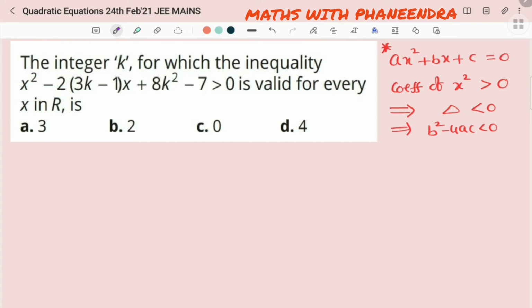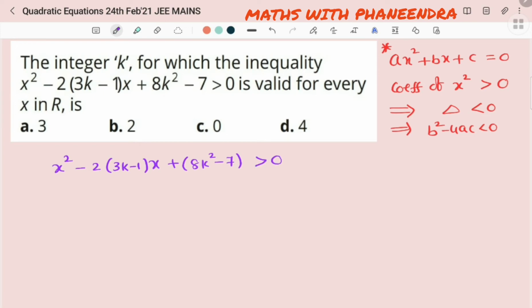So here the quadratic expression x² − 2(3k − 1)x + 8k² − 7 is greater than 0, it is given. So the expression is greater than 0.